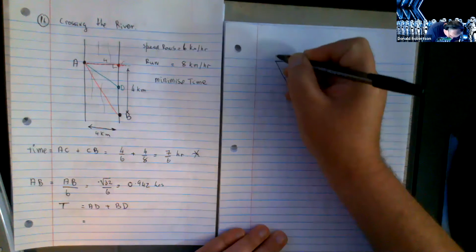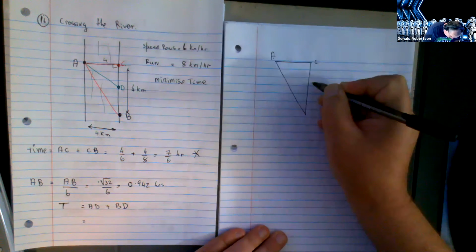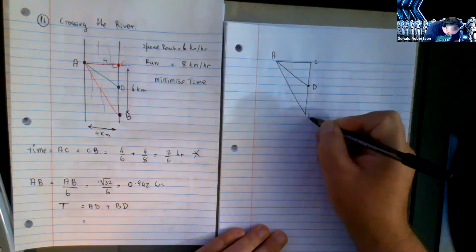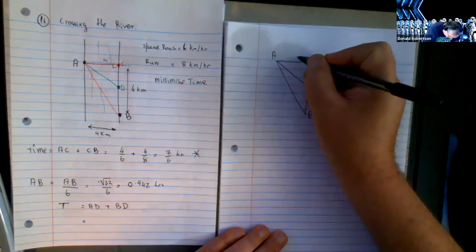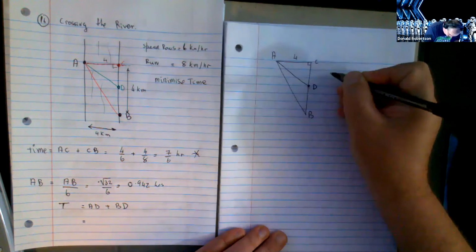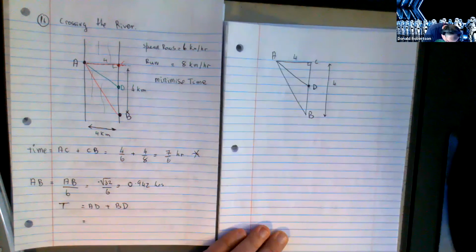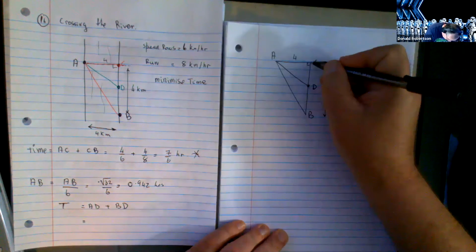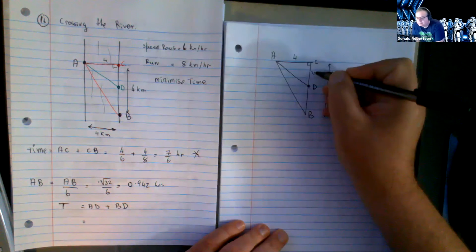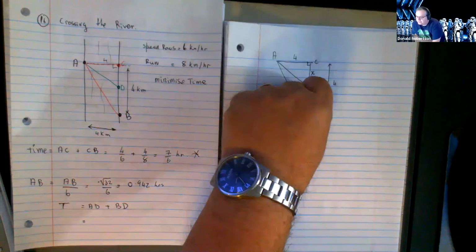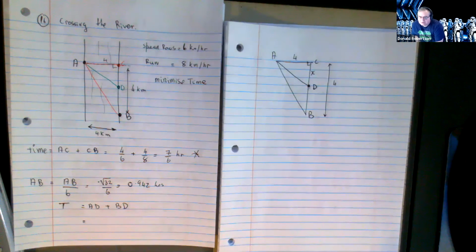Here's A, here's C, here's D, here's B. That distance is 4. This distance is 4. I am going to call the distance from C to D x. So when I tell you x is 3, that means he lands 3 kilometers south of C, for instance, right? So far, so good.